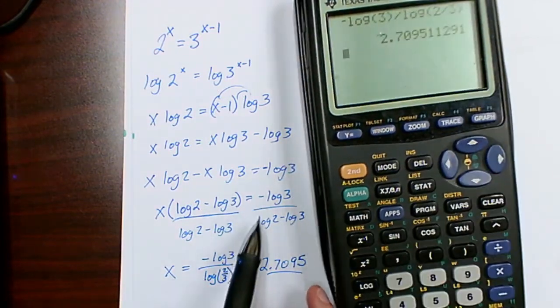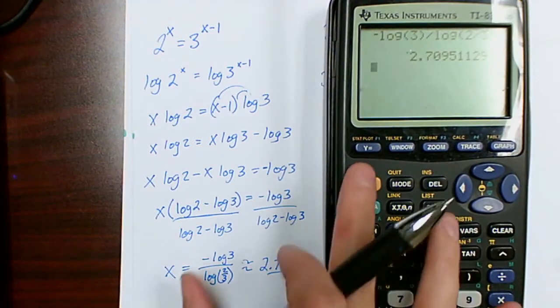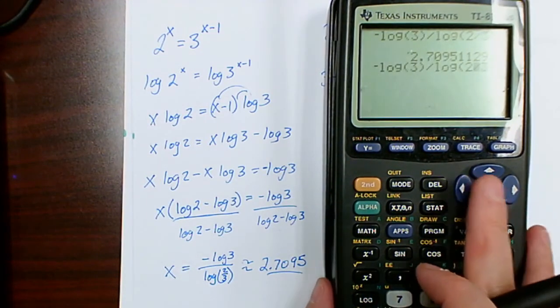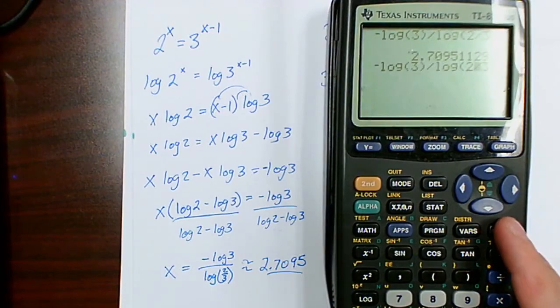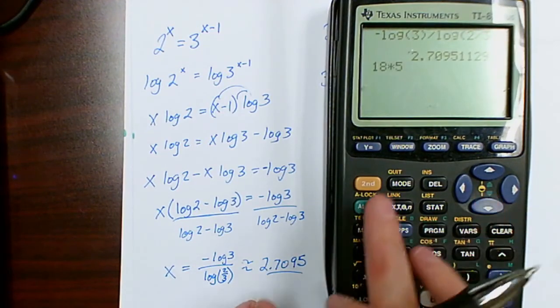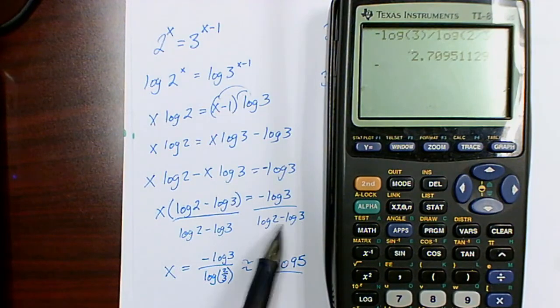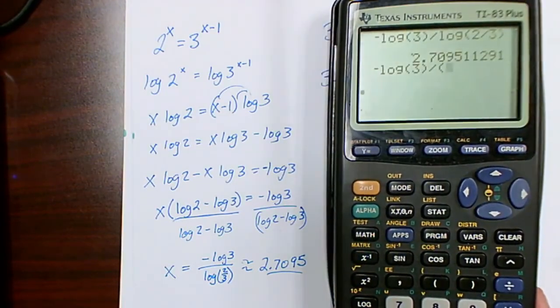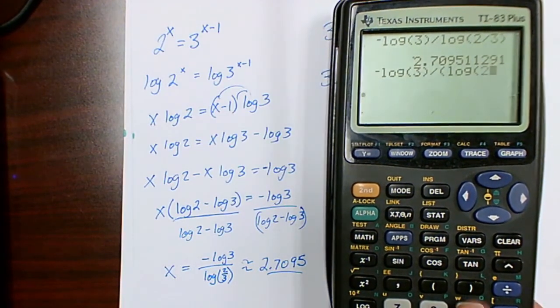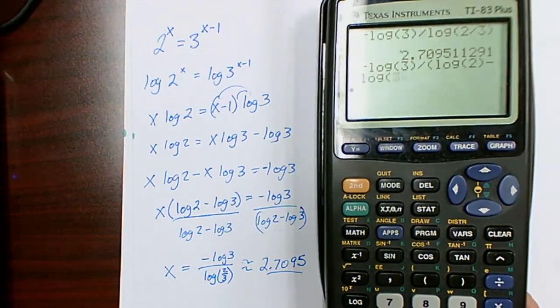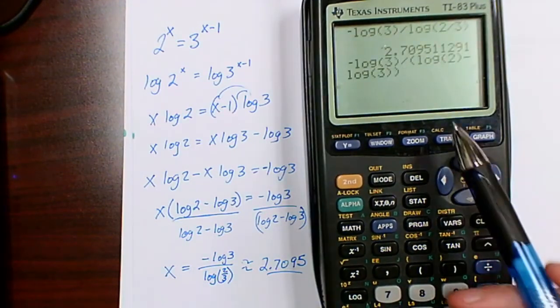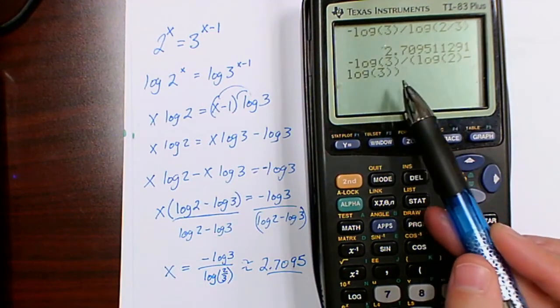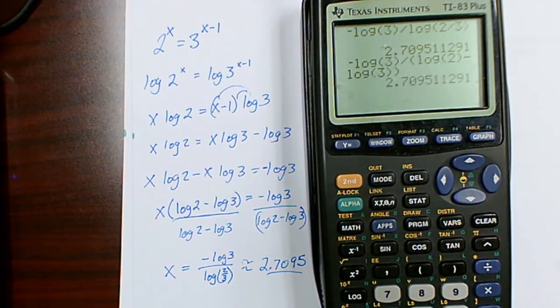Okay. Otherwise, if you left it in this form where you did not use the quotient rule, you'd still have log 3, and then I'd have to start parentheses and do log 2 minus log 3, so that my calculator will calculate this first and then divide it, so we should get the same answer.